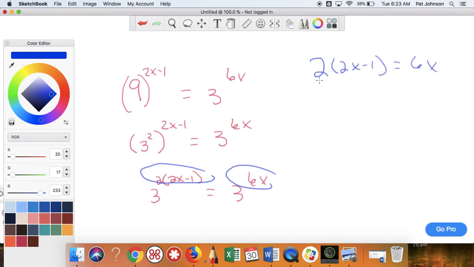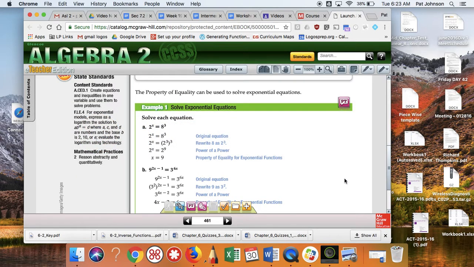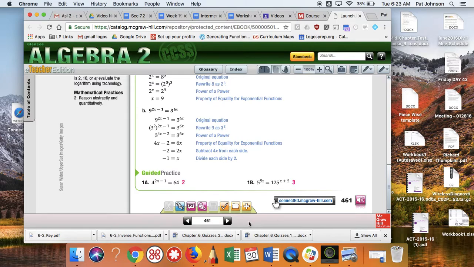I can either distribute or use the division property, which I chose to do. Then 2x minus 1 equals 3x, subtract 2x, negative 1 equals x, or x equals negative 1. And there's your solution.